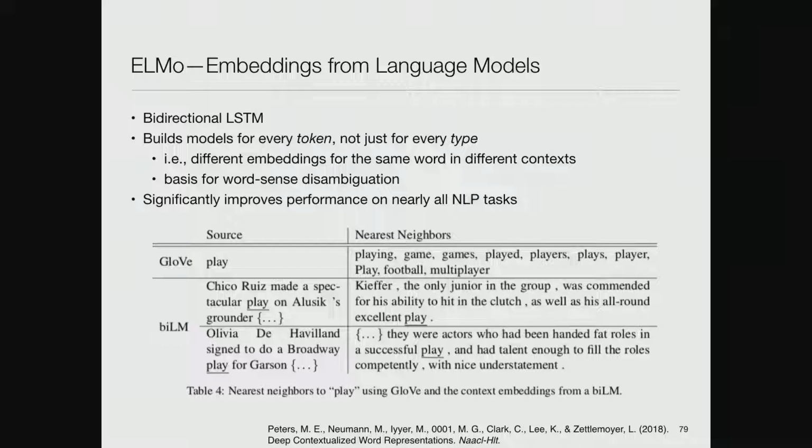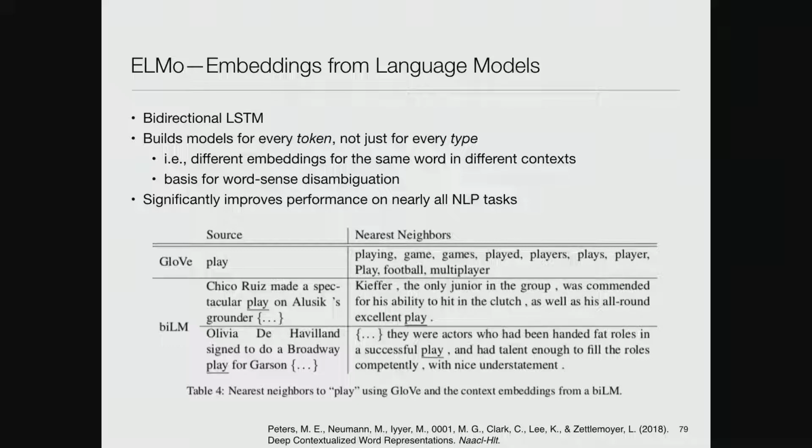Here, what they're saying is, hey, take context seriously, and we're going to calculate a different embedding for each occurrence in context of a token, right? And this turns out to be very good because it goes part of the way to solving the word sense disambiguation problem.